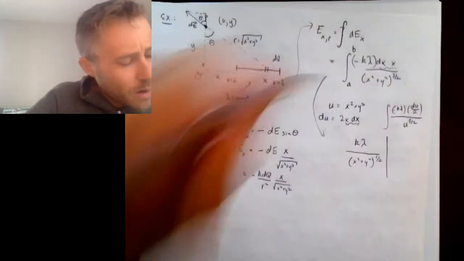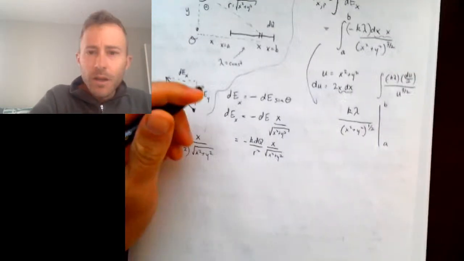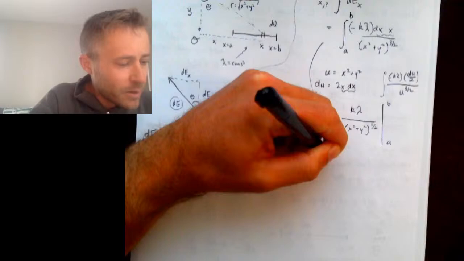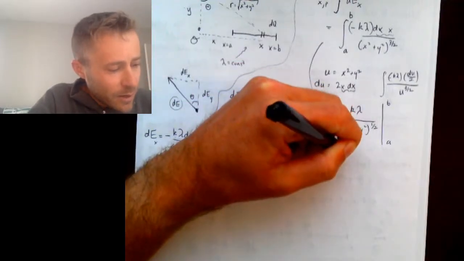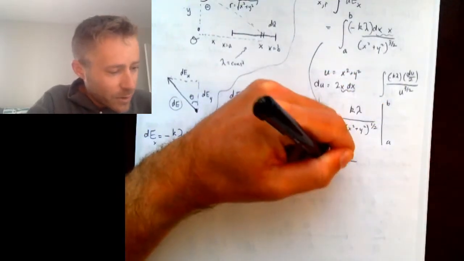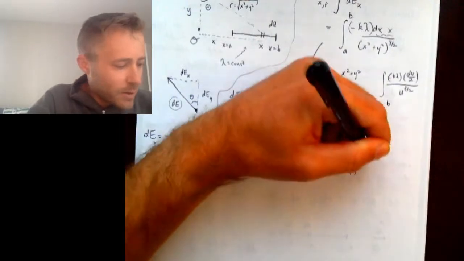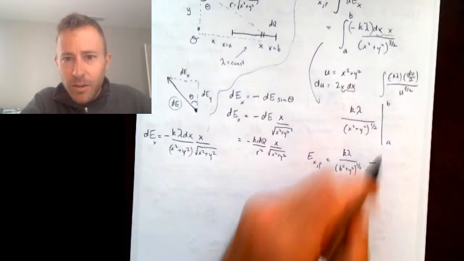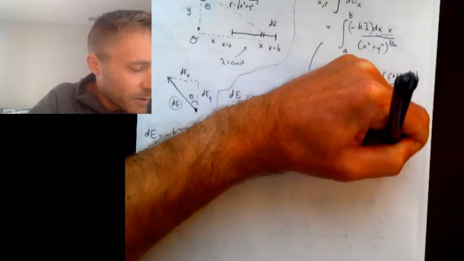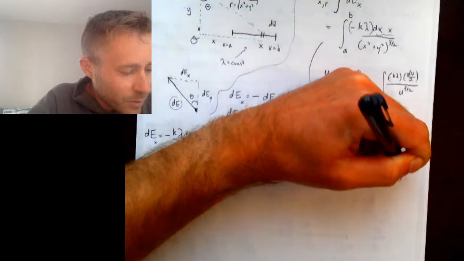Then I'm evaluating that between b and a. So the x component of the electric field at point P is going to be k lambda, plugging in b for x first, over b squared plus y squared to the 1/2, and then I subtract the same thing with x equals a plugged in, k lambda over a squared plus y squared to the 1/2.